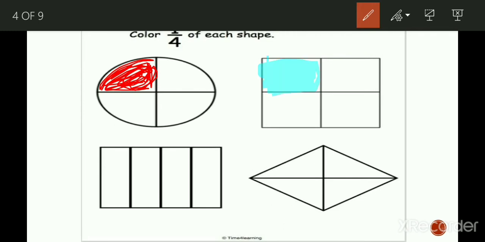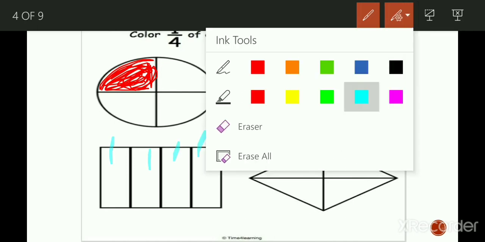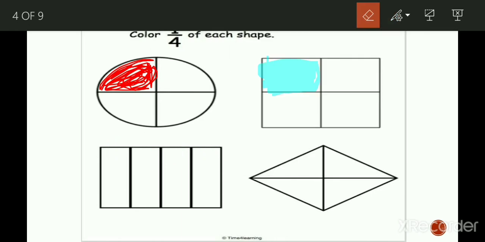Now coming to the next. Oh, come on, this is again easy. Again we have a whole rectangle which is divided into 4 equal parts. Isn't this equal? See, 1, 2, 3, 4. 4 equal parts, right? Now switching to another color. Again we have to shade one part of 4, so let me shade this one.